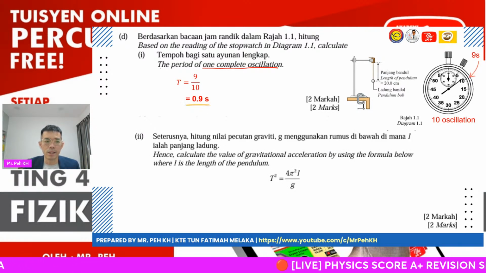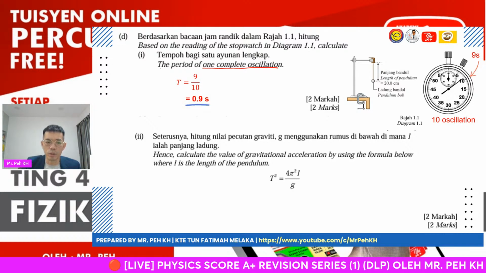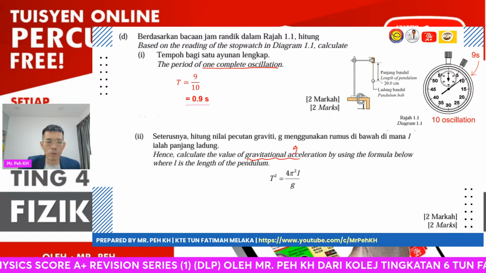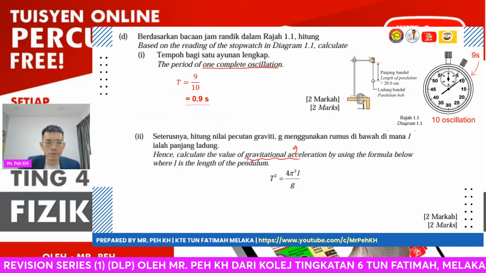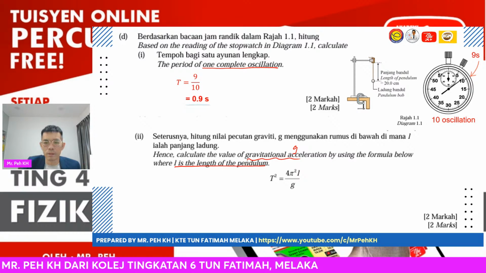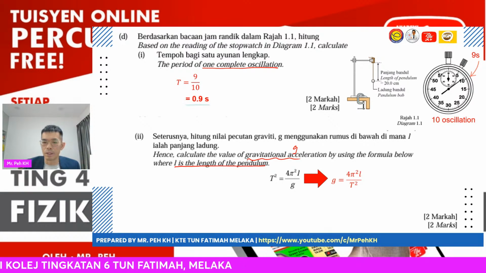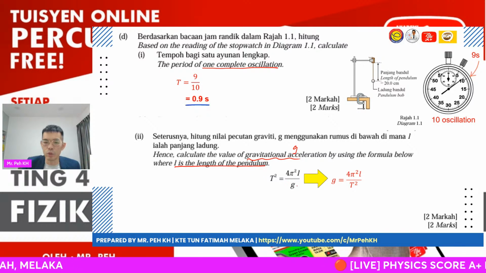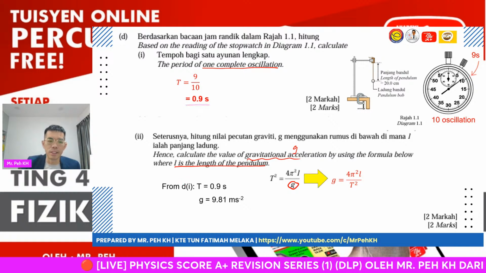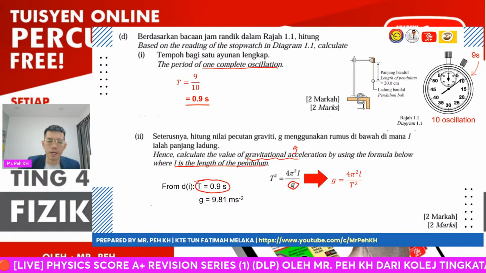Okay, then the next, hence calculate the value of the gravitational acceleration. The question asks you to find g by using the formula below, where L is the length of pendulum. So here we have to rearrange g with T squared. From part D1, we know already T will be 0.9.